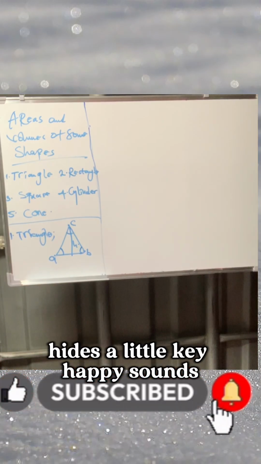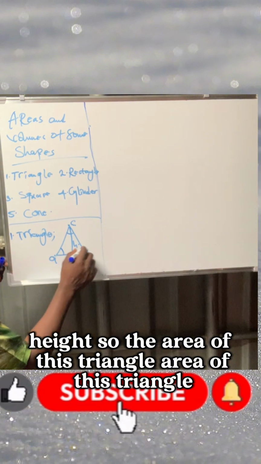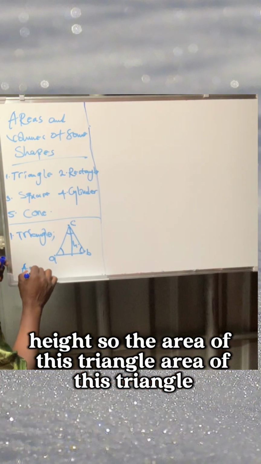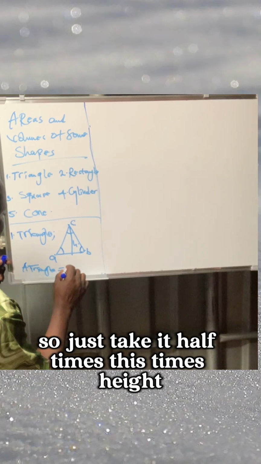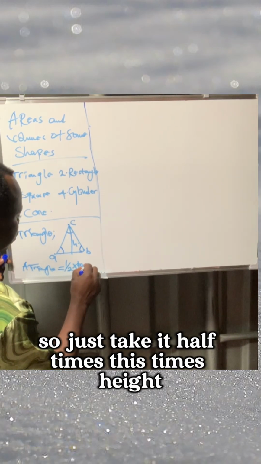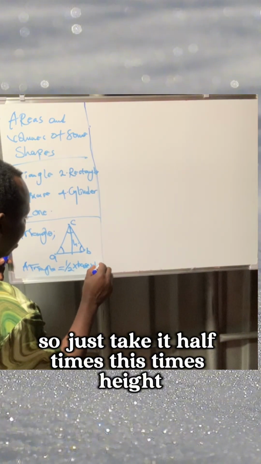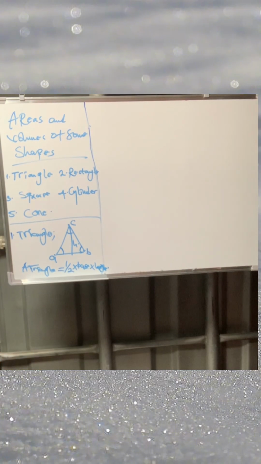Half base times height. So the area of this triangle is half times base times height.